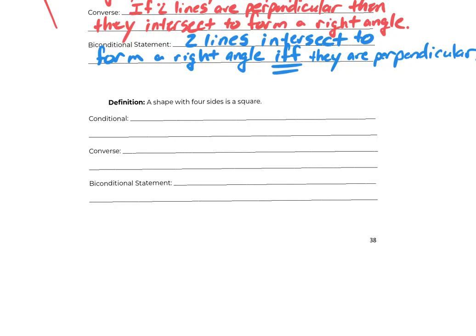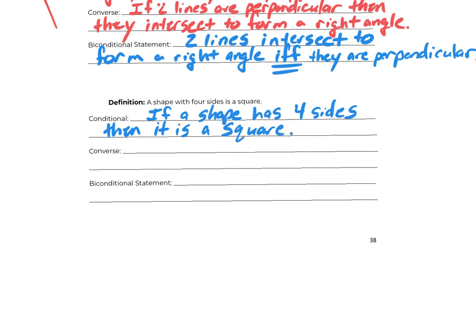Okay, so a conditional: if a shape has four sides, then it is a square.